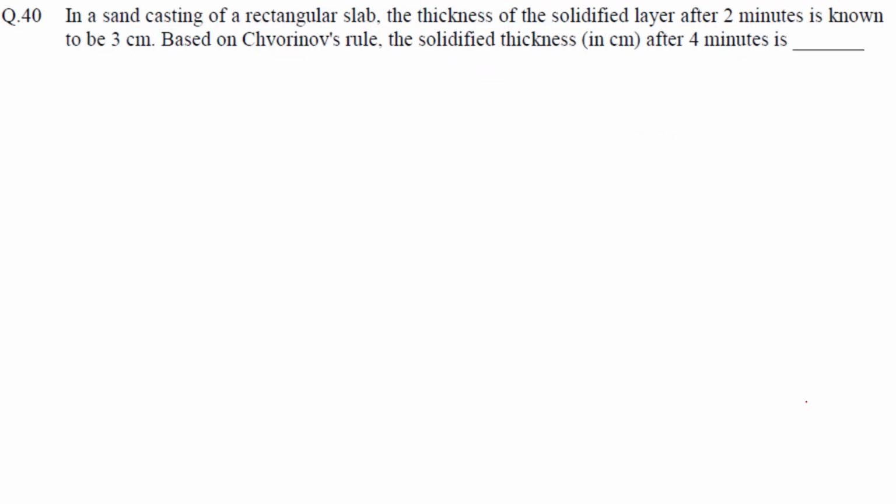Now let us move on. In sand casting of a rectangular slab, the thickness of the solidified layer after 2 minutes is known to be 3 cm. Based on Chvorinov's rule, the solidified thickness in centimeters after 4 minutes is? Do you know Chvorinov's rule?